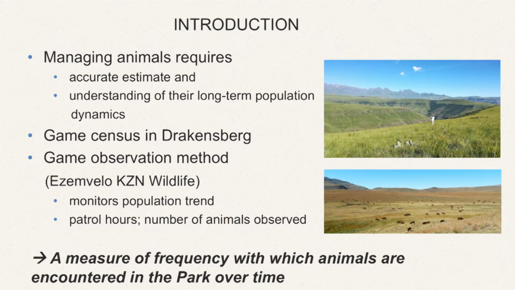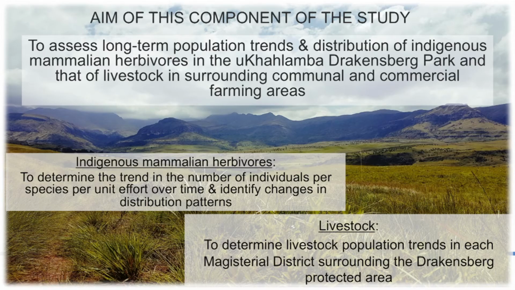So the aim of this component of my research is to assess the long-term population trends and distribution of indigenous mammalian herbivores in the Ukuhlamba Drakensberg Park and that of livestock in surrounding communal and commercial farming areas. With regards to the indigenous mammalian herbivores, we want to determine the trend in the number of individuals per species per unit effort over time and to identify changes in distribution patterns.